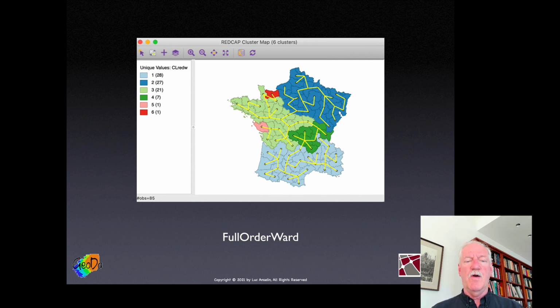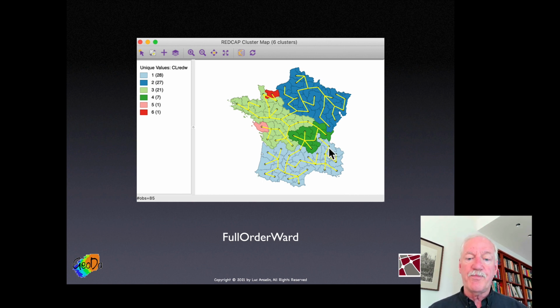So this is the full order Ward method. And you may recall, or you may check, that this looks very similar to the result of spatially constrained hierarchical clustering. We again have some singletons, but there are tiny differences between the number of clusters in the first 3 groups. So a few departments are allocated to a different cluster.